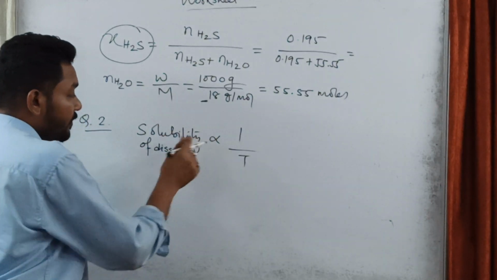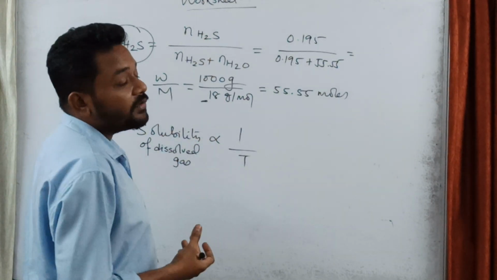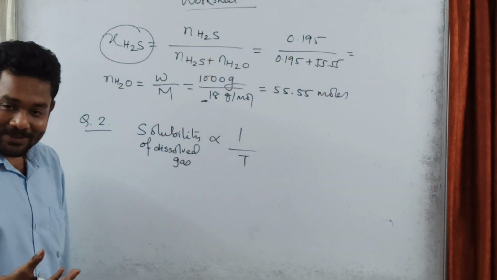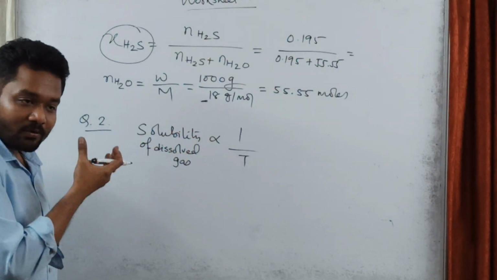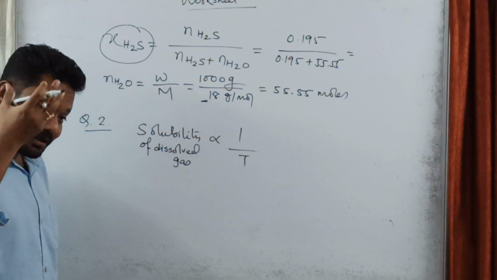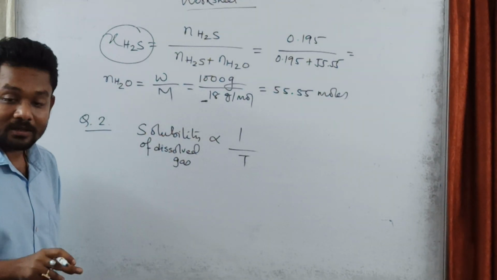In cold water, the temperature is low, so the solubility of gas is high. In hot water, temperature is high, so solubility is low. So aquatic animals get more dissolved oxygen from cold water than hot water.